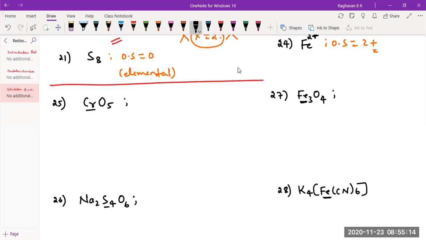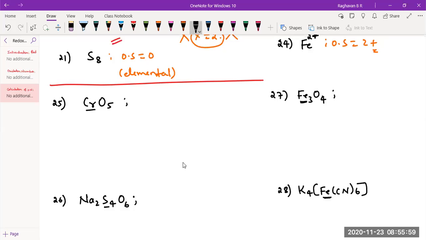Can you work out for these four? Sir, can oxidation number be a fraction or a decimal?